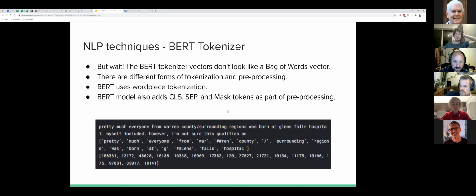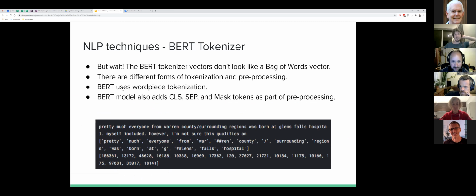But wait. The BERT tokenizer vectors don't look like a bag of words vector. If you look at the way that the BERT tokenizer works, it comes out as a list of numbers, but they're not small numbers like 1s and 2s and 0s. They're much, much larger. And what I also wanted to emphasize is that there's different forms of tokenization and preprocessing.